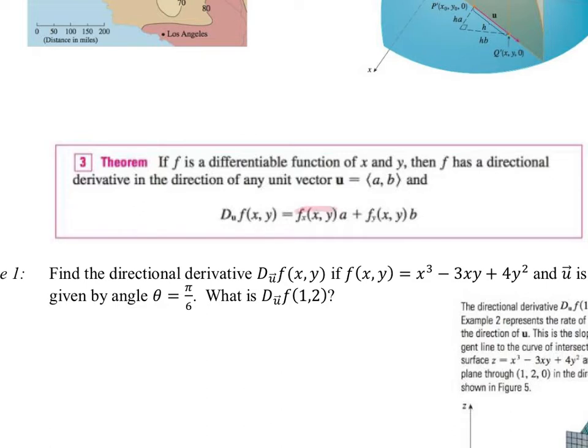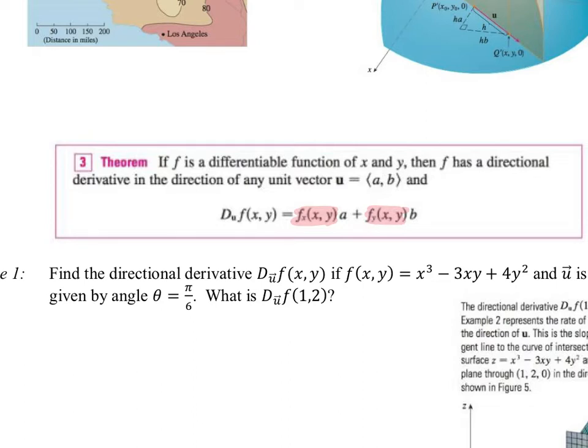We take the partial derivative with respect to x and multiply by a, take the partial derivative with respect to y and multiply by b, and then add those up. So we're calculating based on the direction we want to go, the unit vector u, and the partial derivatives in each direction that we've already analyzed. We put everything together and get the directional derivative in the direction of u based on the surface itself.